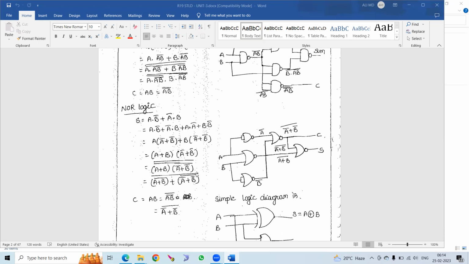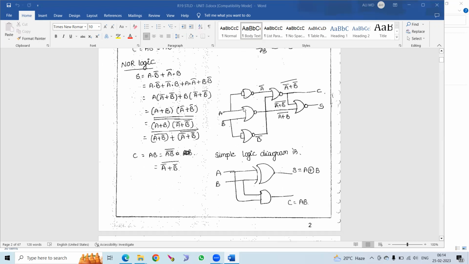So here sum, using only NOR gates, of the two inputs A, B can be represented as a NOR gate of sum and the carry. C is equal to A bar plus B bar whole bar. Here again the carry can be represented in NOR gates. So this is the sum and carry in the NOR gate representation.